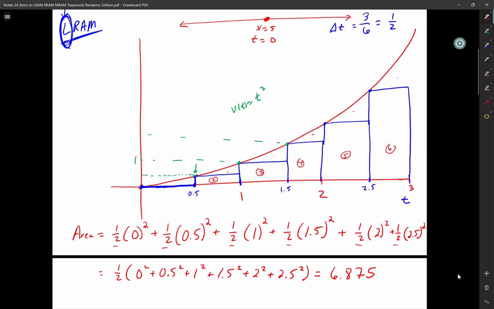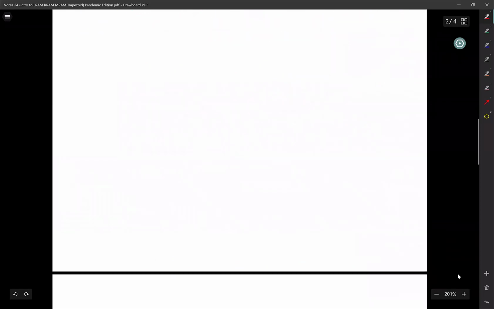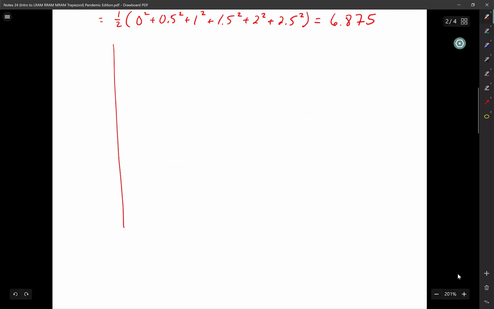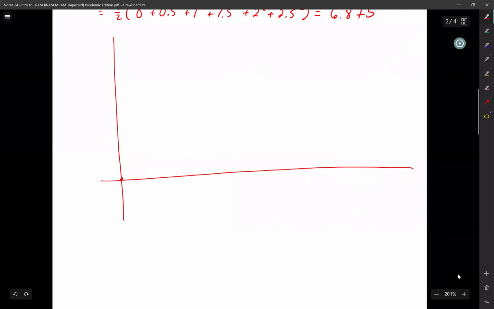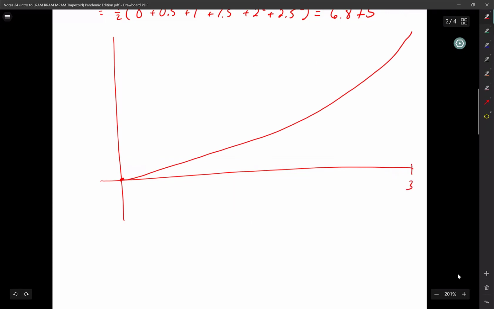All right, now we're going to do RRAM. That's why I have the second page all blank. So I'm going to take up half the page and draw the velocity curve again, and again in blue, 0.5, 1.5, 2.5.